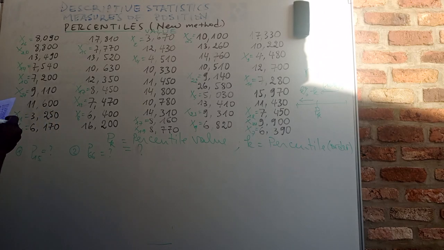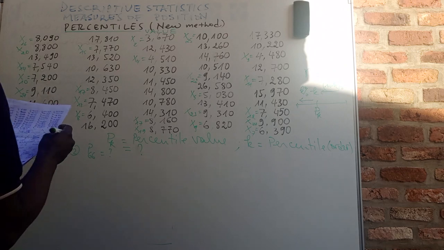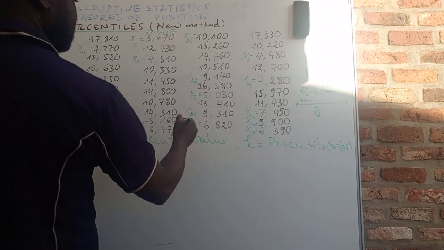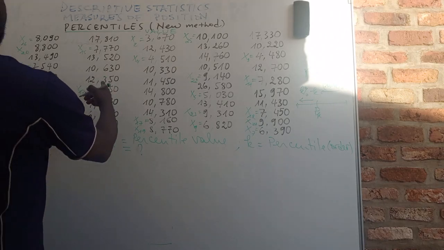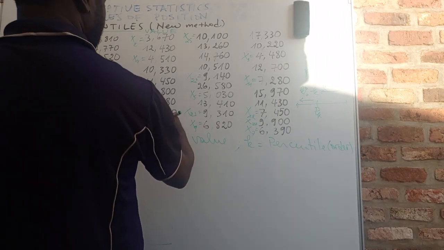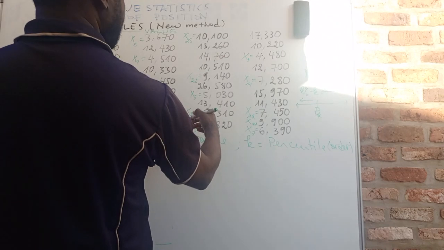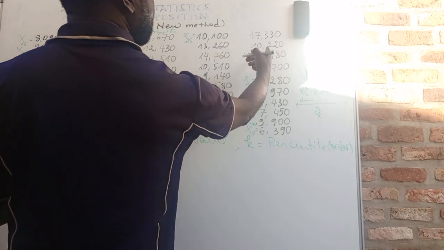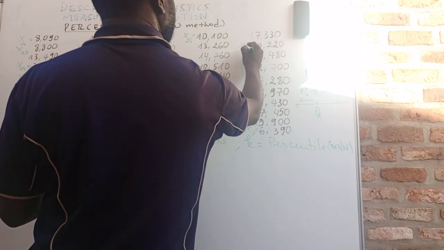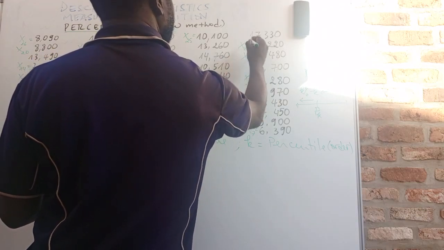X sub 26 is 10220. Here it's not 10. 10220 is here. X sub 26.